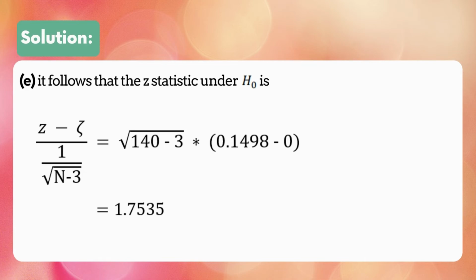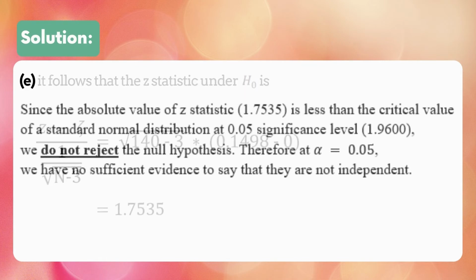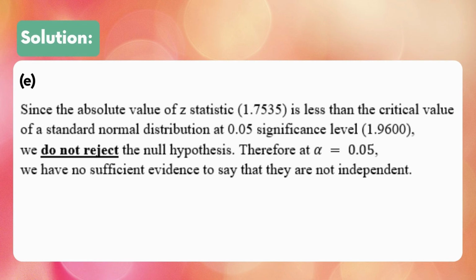Therefore, the absolute value of the Z statistic, equal to 1.7535, is less than the critical value of a standard normal distribution at 5% significance level, which is equal to 1.96. Hence, we do not reject the null hypothesis.